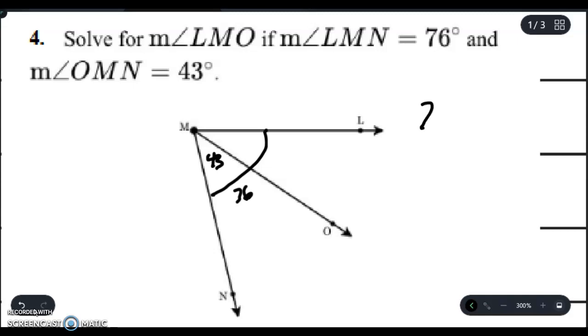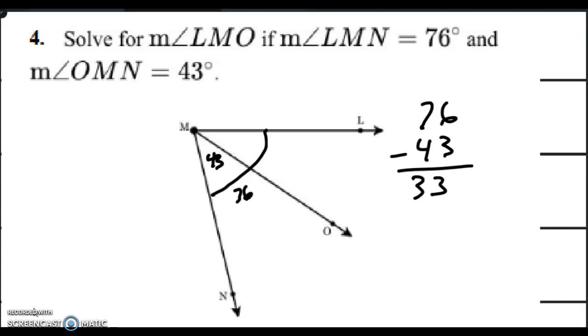And we'll take the 76 and subtract 43, and that's going to get us 33. So that is adding and subtracting angles.